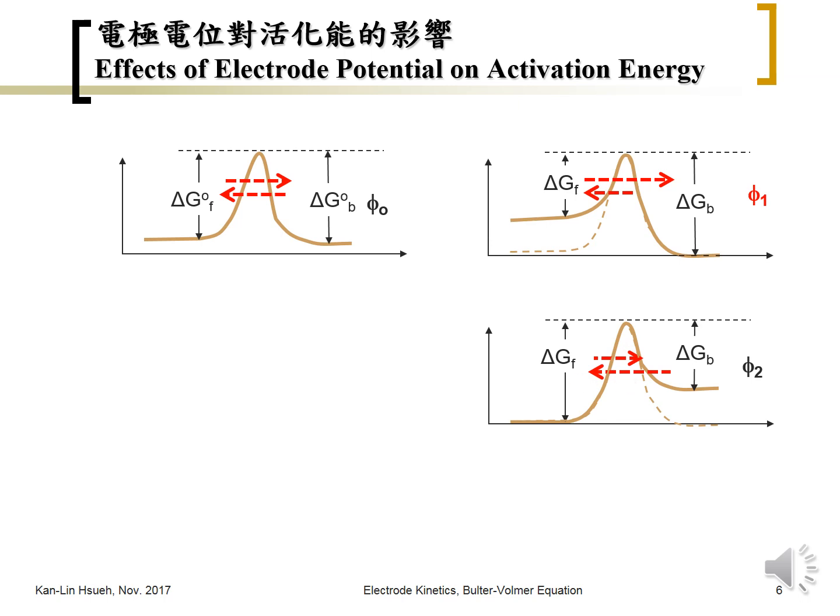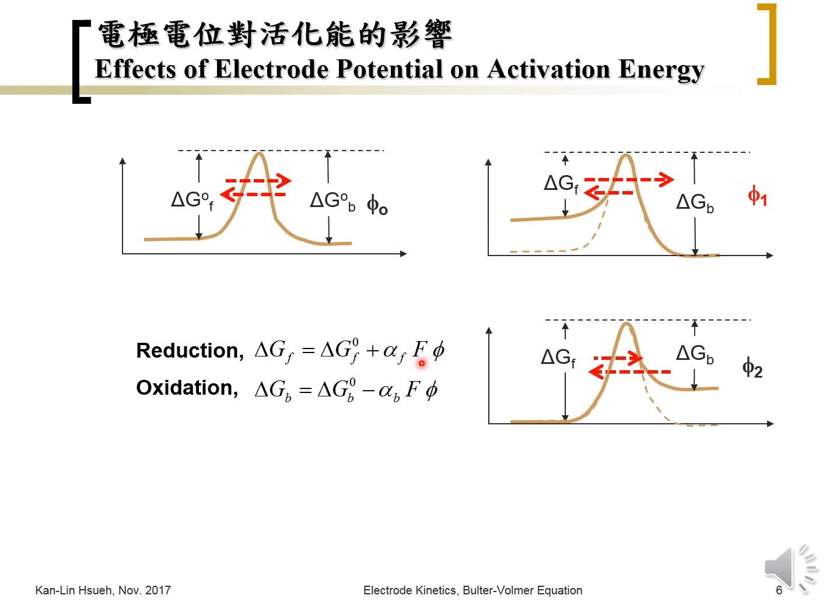By using this concept, the activation energy we can express as a function of electrode potential over here, and this is the fraction. That means if we apply an electrode potential on the electrode, how much of the electric energy is attributed to the forward reaction, and how much percentage of the electrode potential energy is attributed to changing the backward reaction activation energy.